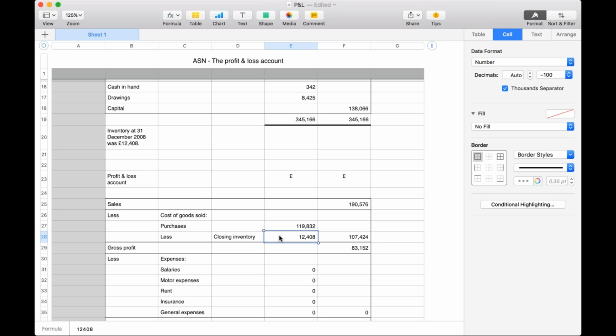But as I say, I'm not going to complicate it too much now. But the reason that we have opening stock and we have closing stock is because we have to make sure the P&L is accurate, and we have to make sure the cost of goods sold figure is directly relative to the sales figure. So using our figure of 107,424, it now is, because we've deducted the materials, the stock that we have left at the end of the period.